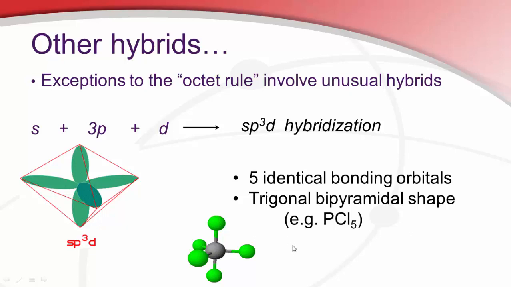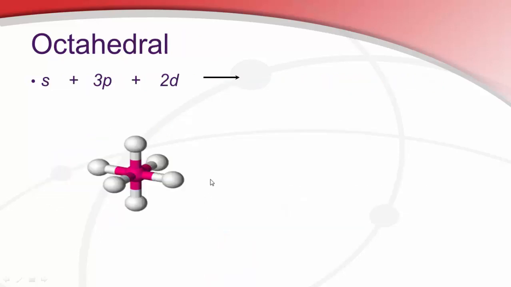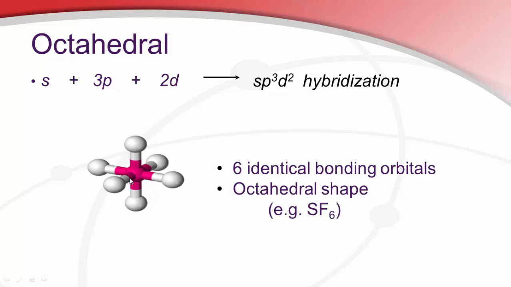So we get, in this case, a trigonal planar shape with chlorines above and below the plane. And we can even go further to an octahedral shape where we have an s, 3p, and 2d orbitals to give us sp3d2 hybridization, and we get this kind of shape. So we call this an octahedral shape.